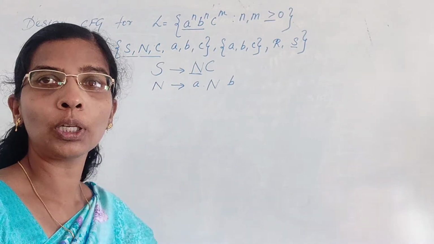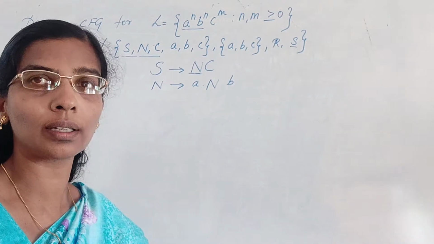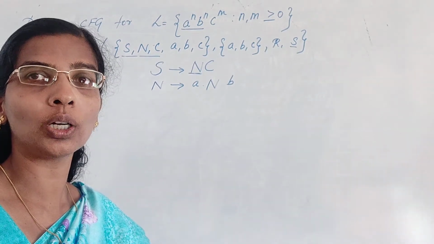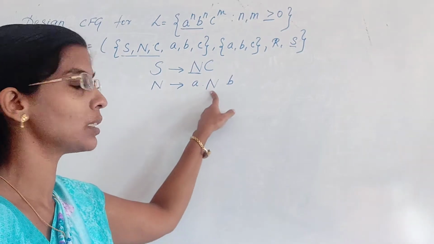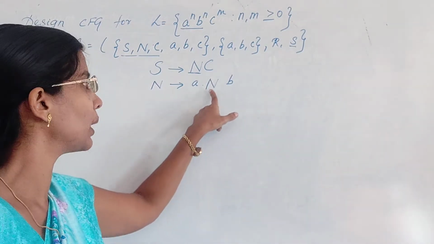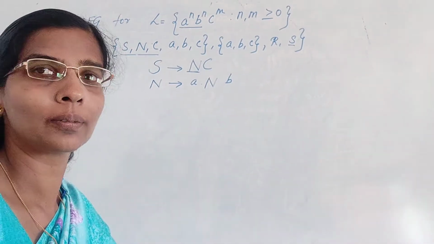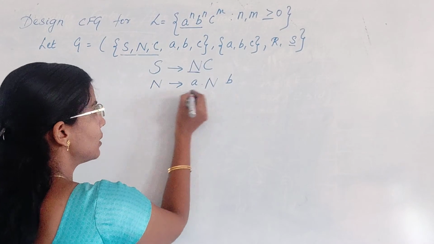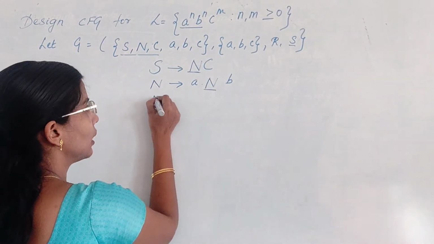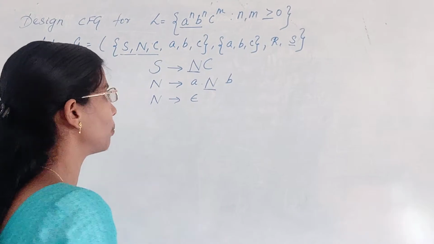Because every time you will be replacing your non-terminal to generate your string. To generate the string, you will be replacing non-terminals. Right? Next, how to stop this? N tends to epsilon. I will include one epsilon production.